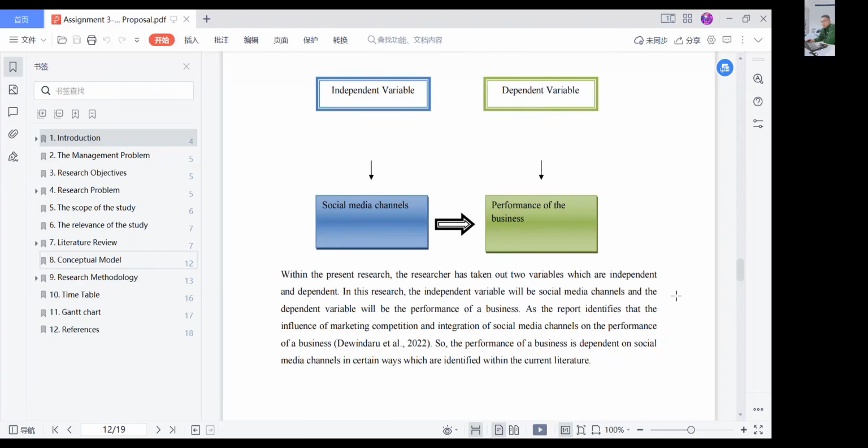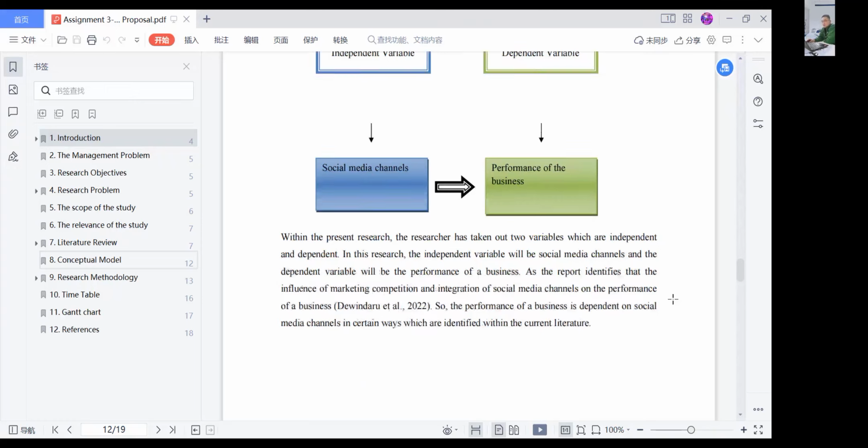The report identifies the influence of marketing competition and integration of social media channels on the performance of business. So the performance of the business depends on social media channels in certain ways which are identified within the current literature.